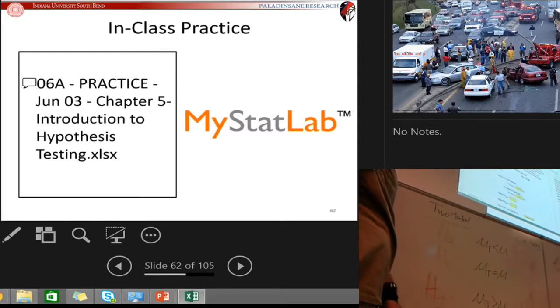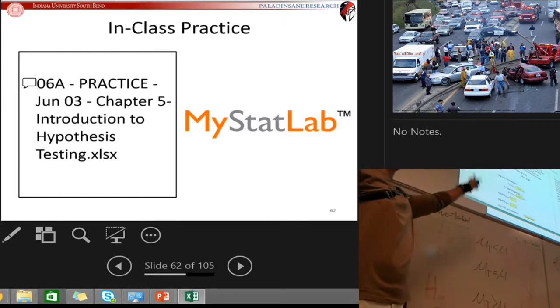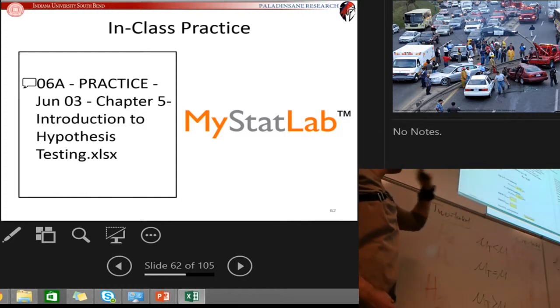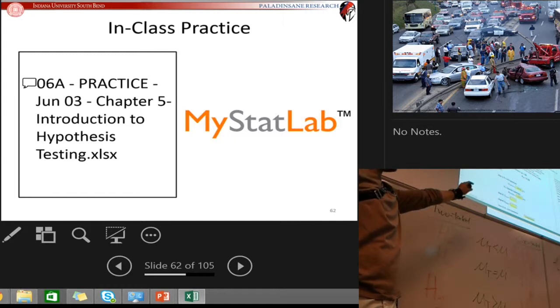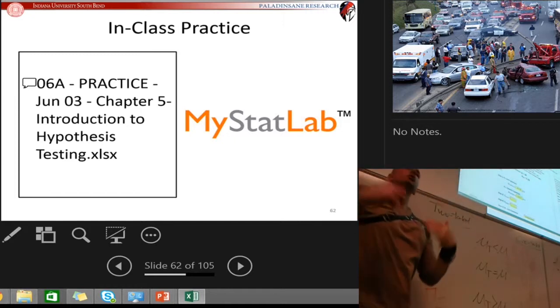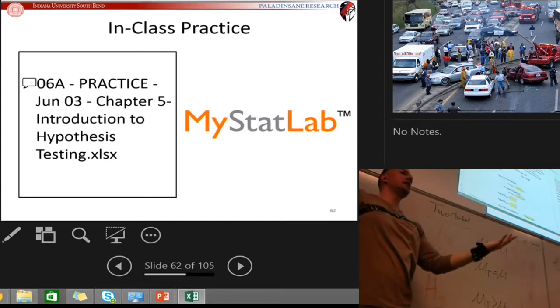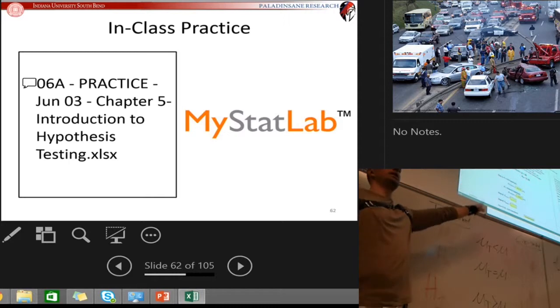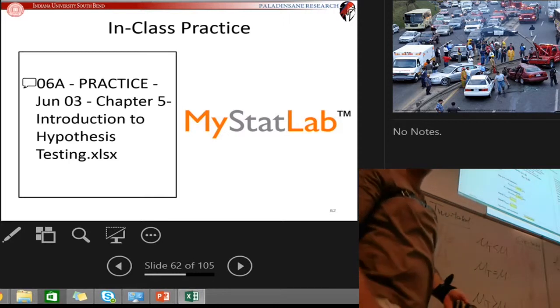Once you get all your information and once you're ready to go, what you will do to answer these questions is you will basically fill in the correct values for every single step of the hypothesis test. So for the null hypothesis, should your null hypothesis be less than or equal to, or equals, or greater than or equal to, you will delete whatever you don't want in that cell.